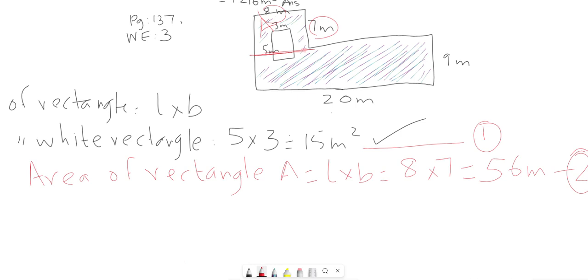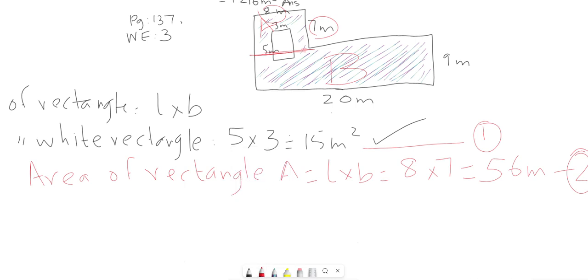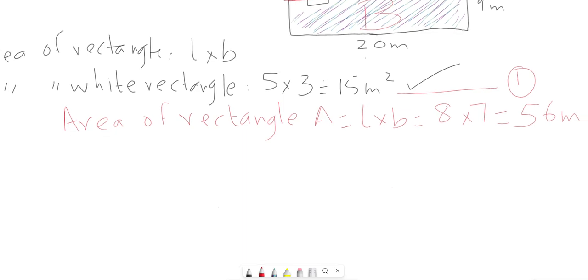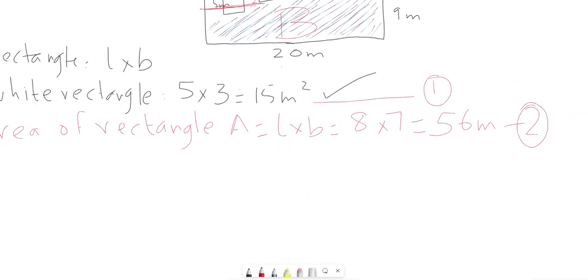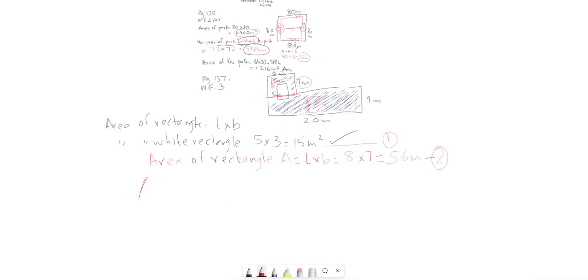Now let's look at the other part. We are calling it rectangle B. Area of rectangle B is equal to length into breadth.